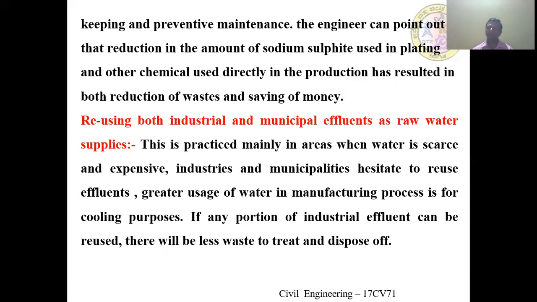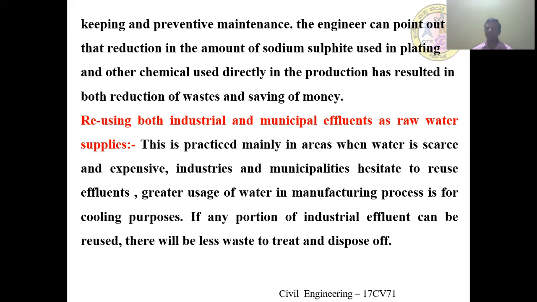And in the iron ore steel industry as well as in the paper industry, because they require a large amount of water, we can conserve water by modifying the equipment, the process, or the design, etc. The engineer can point out that reduction in the amount of sodium sulfate used in plating and other chemicals used directly in production has resulted in both reduction of waste and saving money.